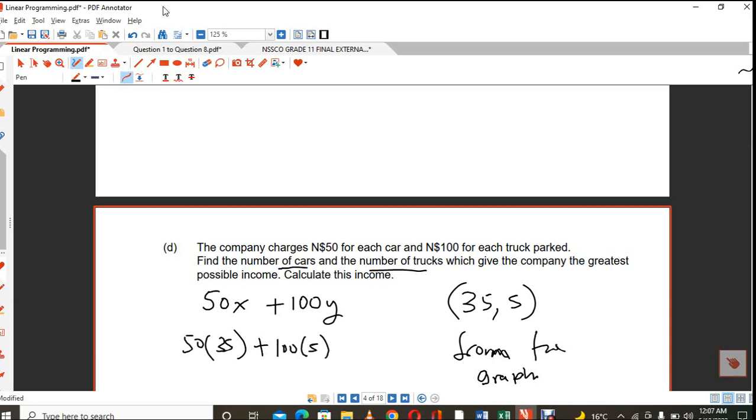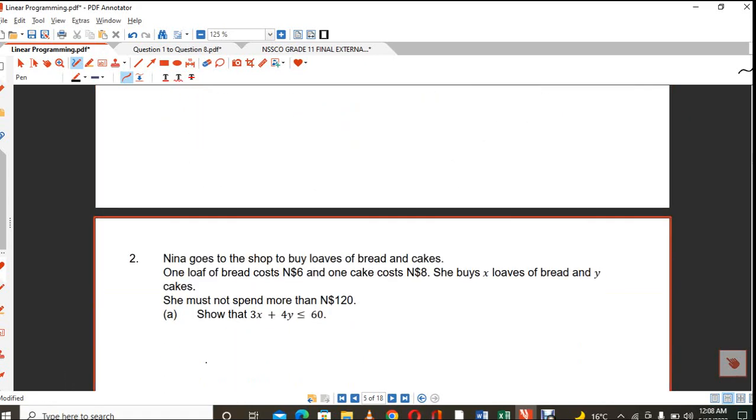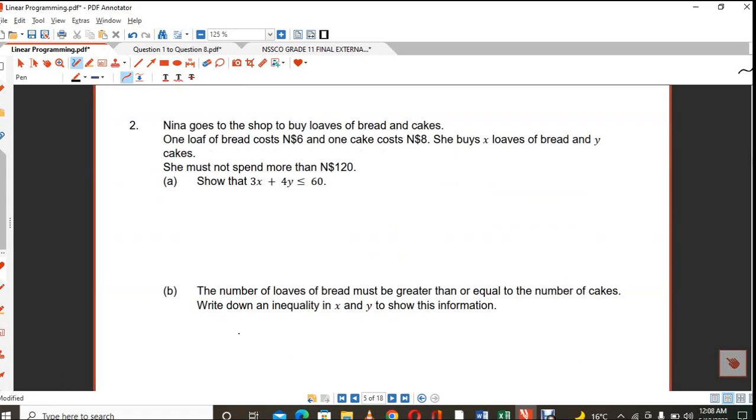Well, the greatest possible income that I see was $2,250. Okay, so let's quickly look at question 2. So graph work, quite important.